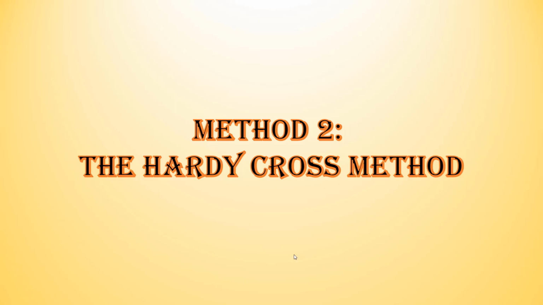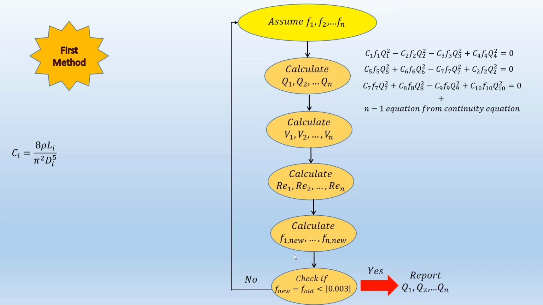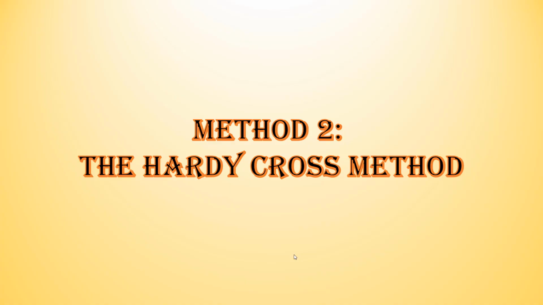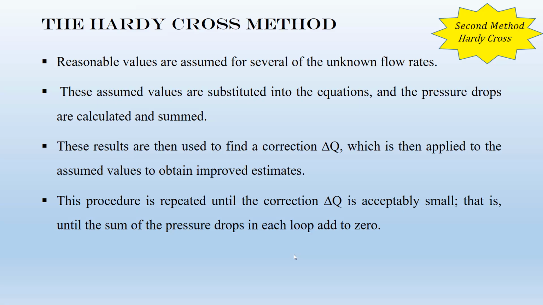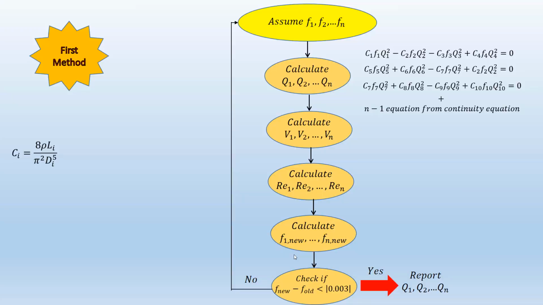Because these are second order, non-linear equations in the Q's. So it's not that easy to just solve this problem using this method, the friction factors, and then solve it.